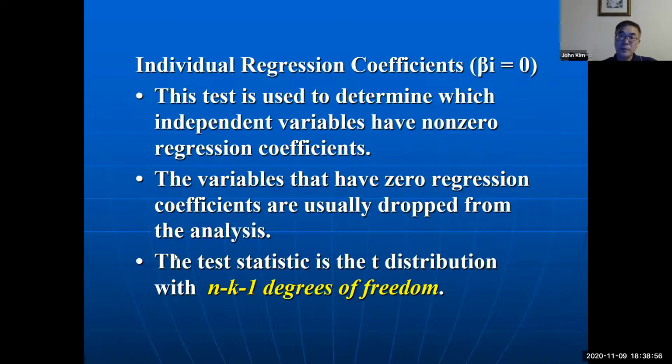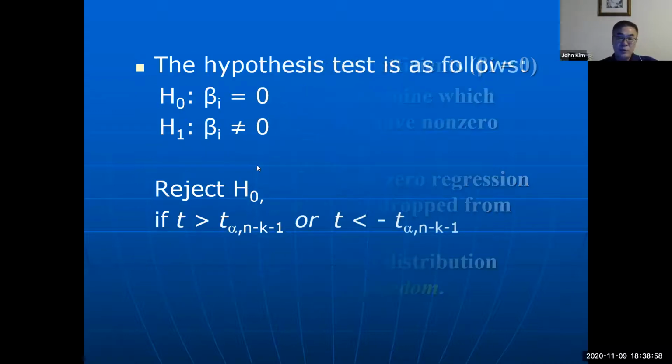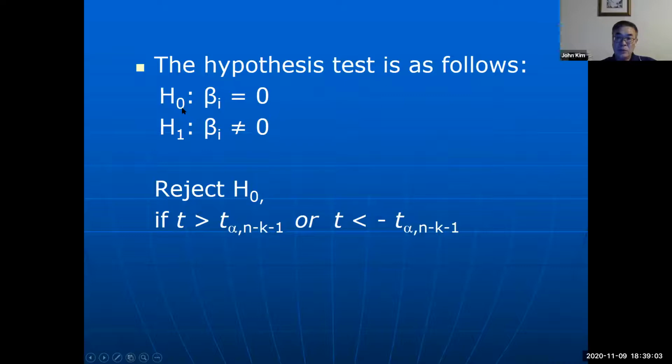For the individual test, hypothesis H0: beta 1, 2, 3, 4, 5, the slope for each X variable. If we test the first X variable, then H0: beta 1 equals 0, H1: beta 1 not equal 0.